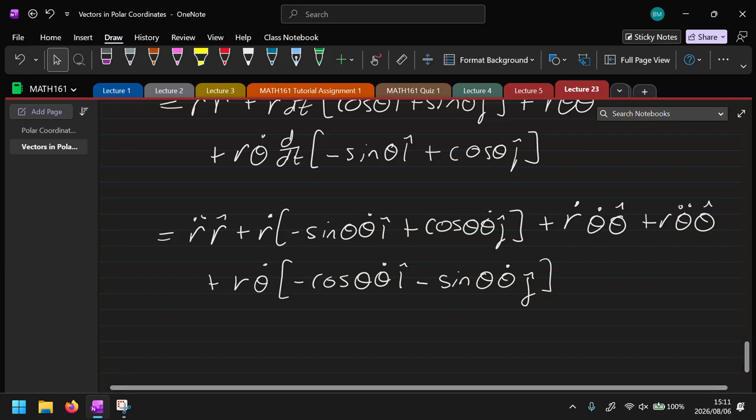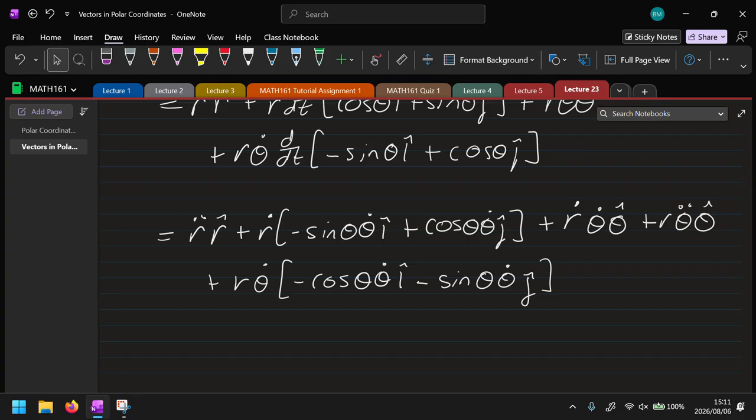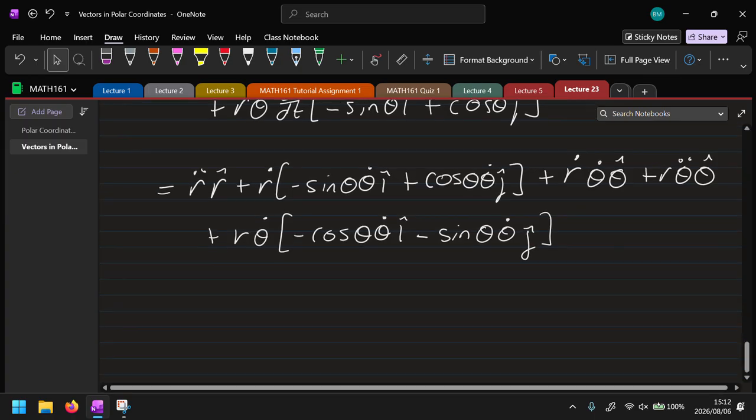Okay. So we've got this mess over here. The first bracket and the second bracket, they both have that theta dot there. We can take that out. And then what's left over, we'll see that's going to be theta hat and r hat after the factoring. So here and here, we can factor that out.